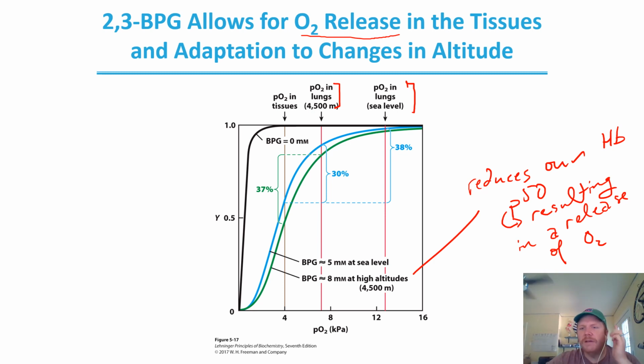So there's a benefit to having a certain amount of bisphosphoglycerate in the proper time and setting. So 2,3-bisphosphoglycerate is beneficial at high altitudes.